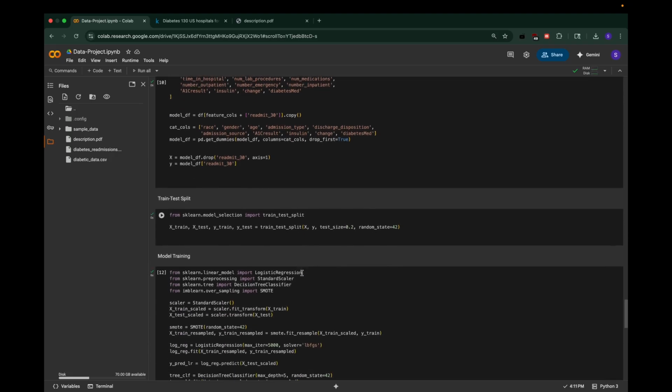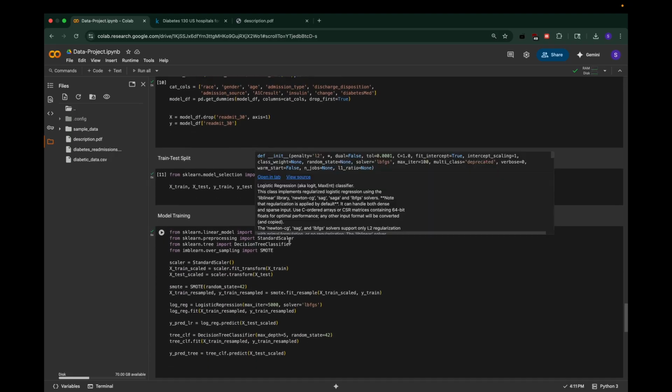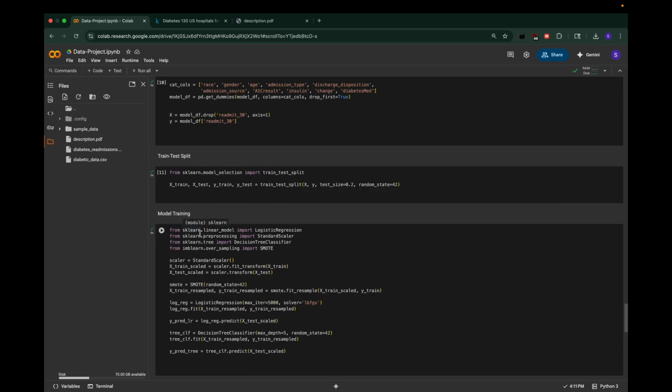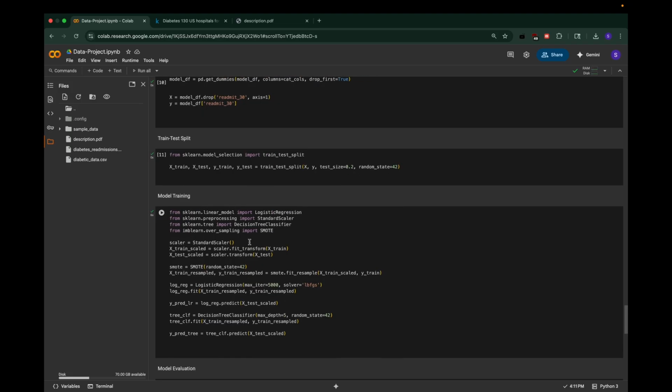I trained both models, logistic regression and decision tree, using scikit-learn. The logistic regression was trained using the LBFGS solver with a maximum of 5,000 iterations to ensure convergence on larger resampled data sets.